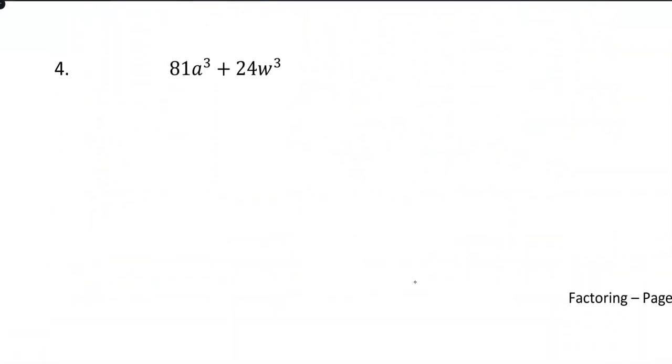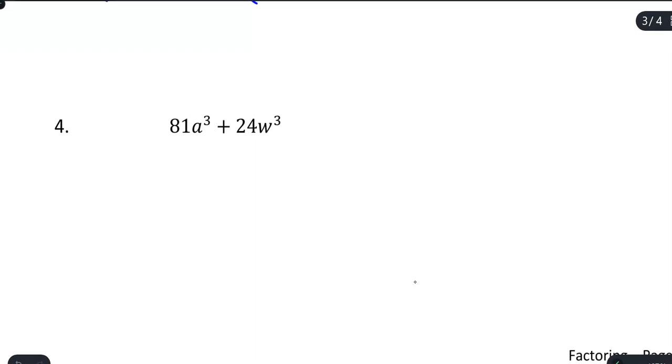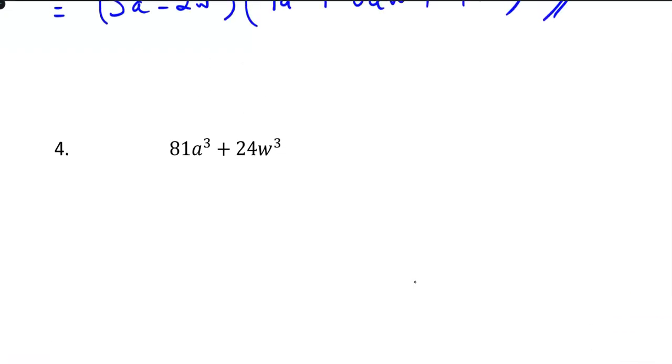For this number, I think there's a trick right here. 24 is not a perfect cube. What about 81? Okay, so again, go back to the trick that there's maybe a perfect cube hidden somewhere in there if we perform the step called common factor.